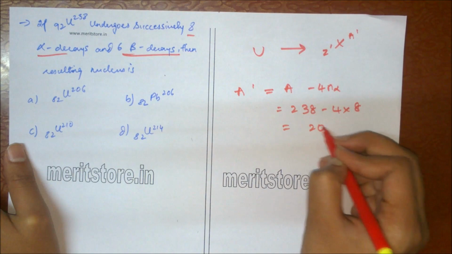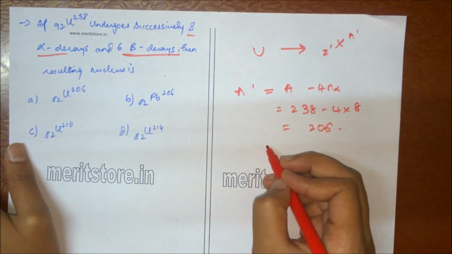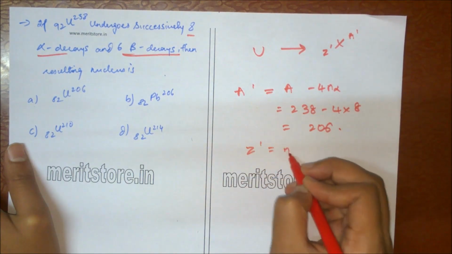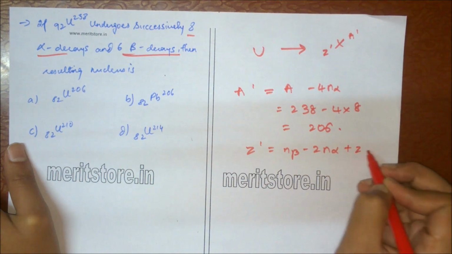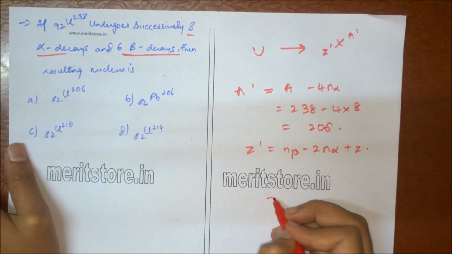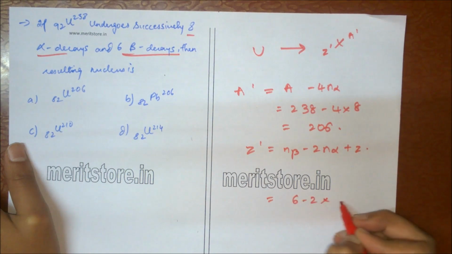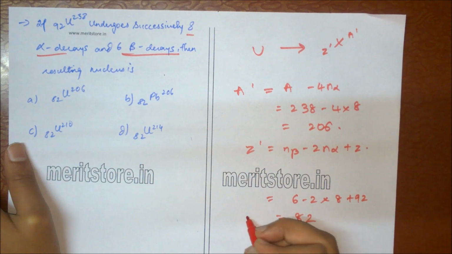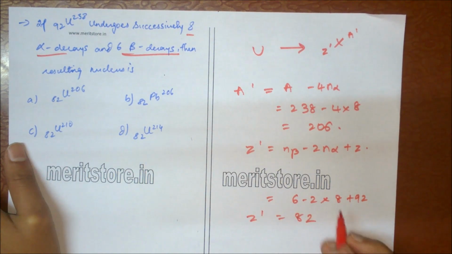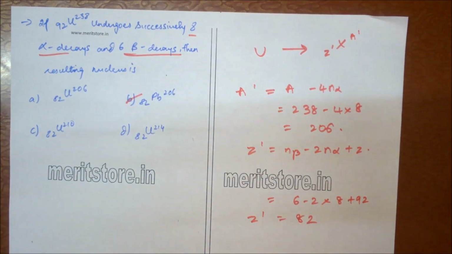So this comes out to be 206. And Z dash is equal to n beta minus 2 n alpha plus Z. So this comes out to be 6 minus 2 into 8 plus 92, which is equal to 82 for Z dash. So option B will be the correct answer.